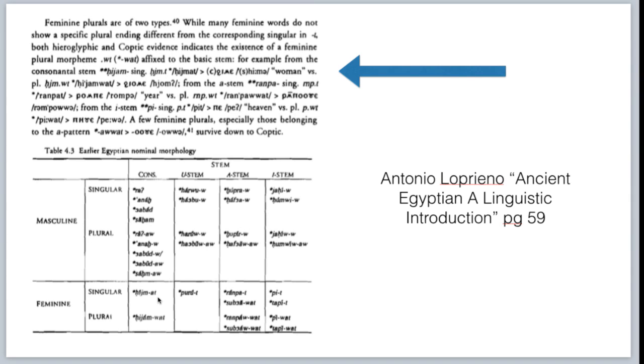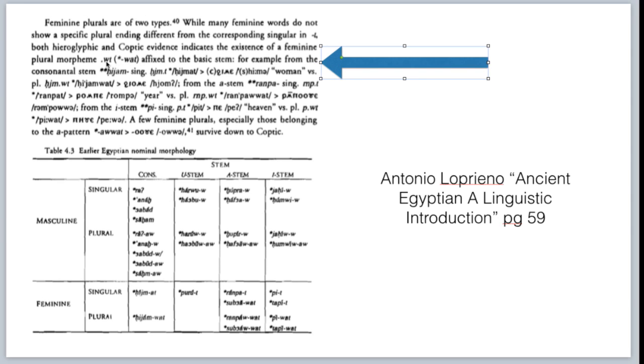So that's 3. Here's the 4th scholar. This is Antonio Lepriano from his work, Ancient Egyptian and a Linguistic Introduction, page 59. He also states that the feminine plural, here you can see it, WT.